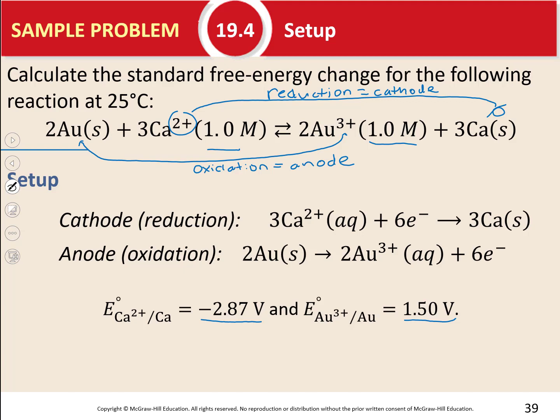So make sure when you're looking on this table, you're very careful about which particular charge you are looking at, because many of the transition metals are going to be listed more than once on the table and usually not right next to each other, for a big hint there. So make sure you're checking the correct charge when you pull that E standard of the cell. What page is that? Page 887. And that's table 19.1.